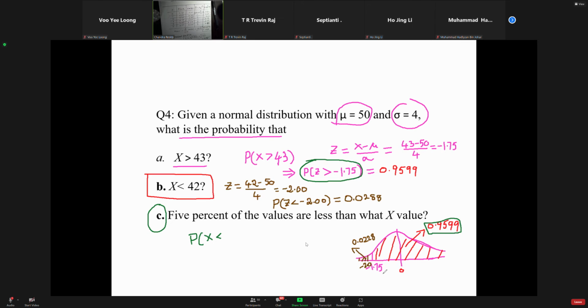Minus 1.75 is somewhere here, and this is 0, so you are looking at the entire curve.